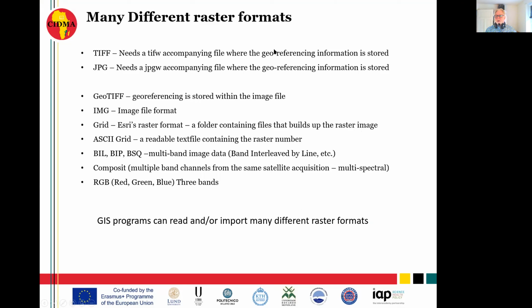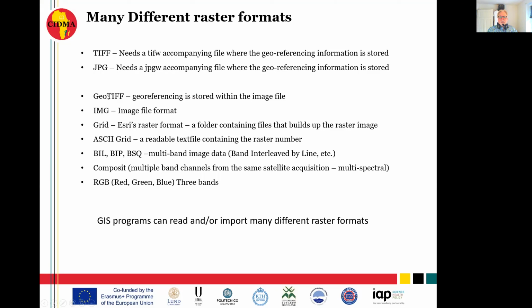That's where the georeferencing information is stored. A satellite image can also be stored as JPEG, and then the same approach is available with a JPEG world file holding the georeferencing information.